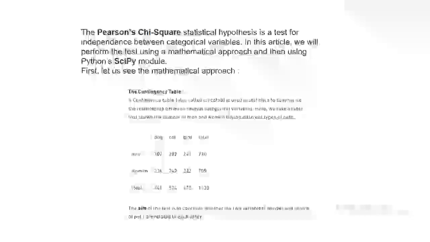Let's say there is the total number of men and women, and the cat, bird, and all this data is there. Now you want to see their relation, whether gender and pet are related or not. For that, I have created this in Python programming, and I'll share this code with you.